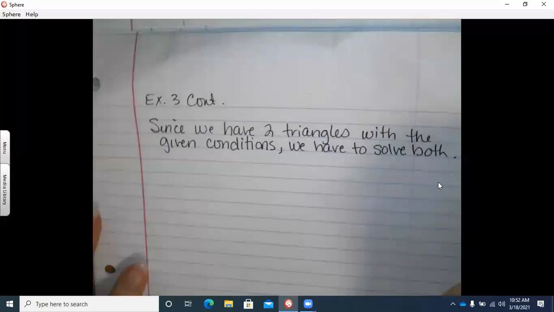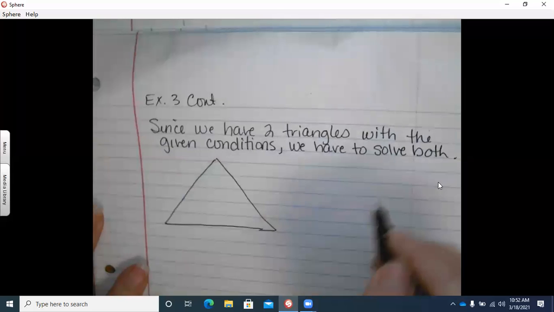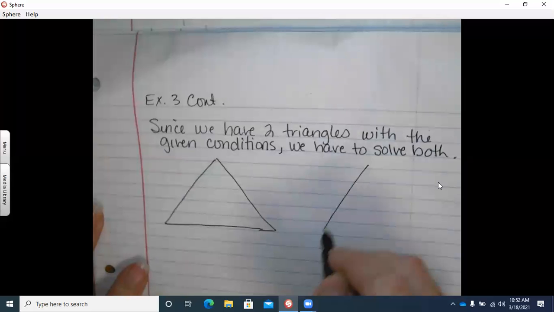So like I said, these are not drawn to scale. I'm just going to draw two that are just labeled A, B, and C.